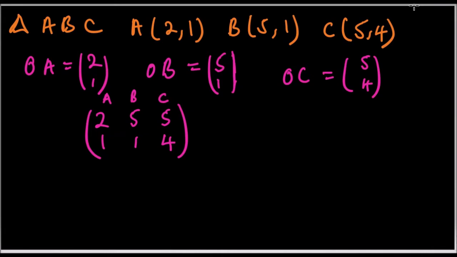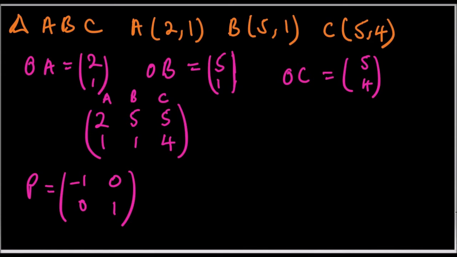Let's consider a matrix. We can say matrix P is equal to minus 1, 0, 0, and 1. We can multiply this matrix P by the matrix formed by the position vectors of the vertices of triangle ABC.